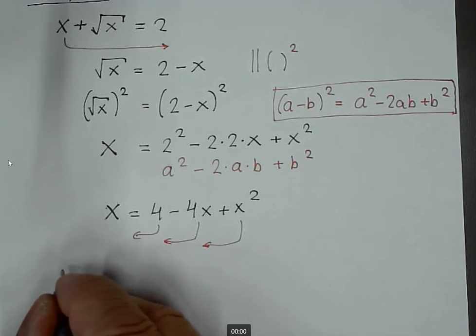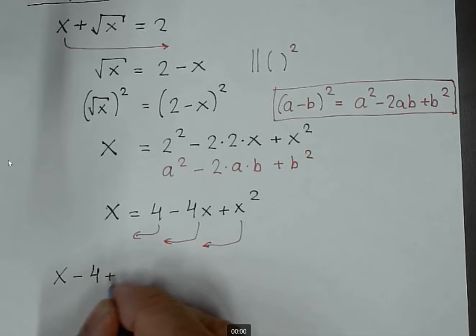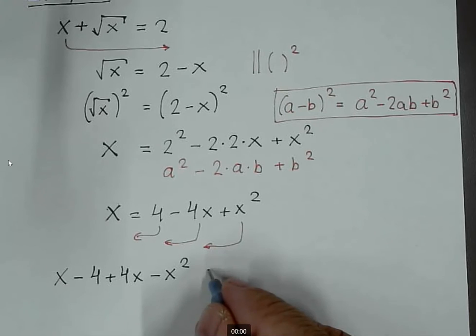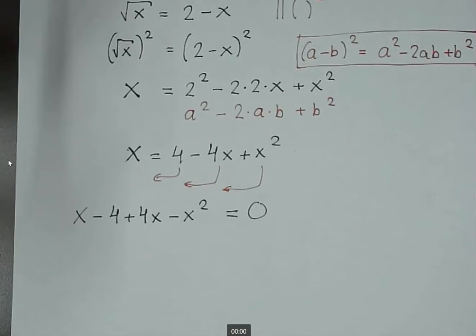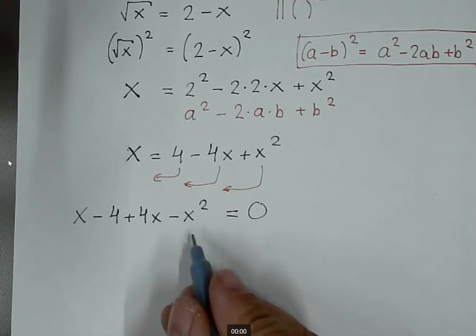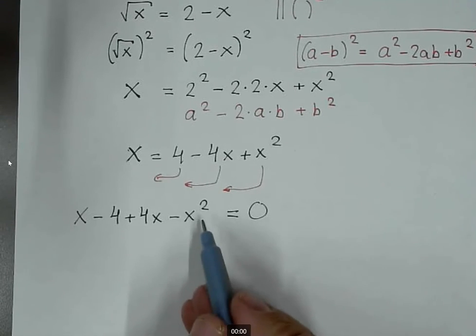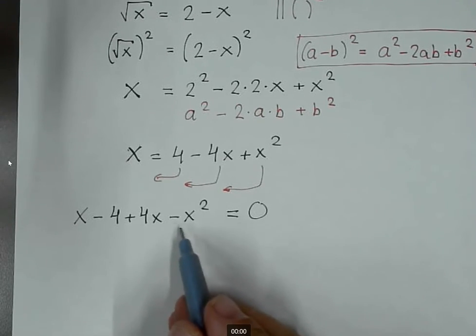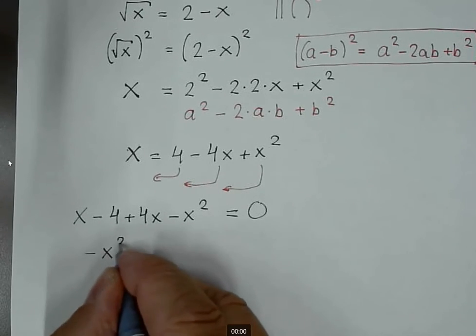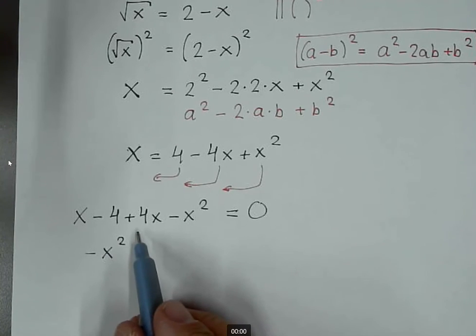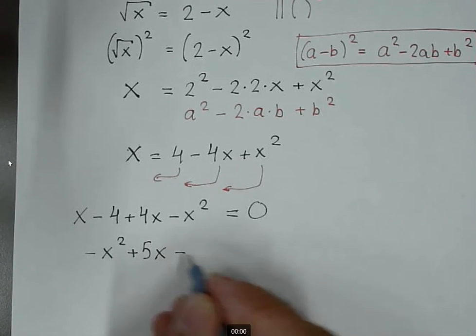So we will get x minus 4 plus 4x minus x squared, and then there is only 0 in the right hand side. I will write this in the order of descending exponents or descending powers. Minus x squared, then we have 4x and x, it's totally plus 5x minus 4.